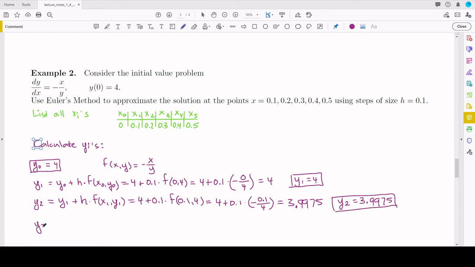Okay, y3 is then equal to y2 plus h times f of x2 comma y2.